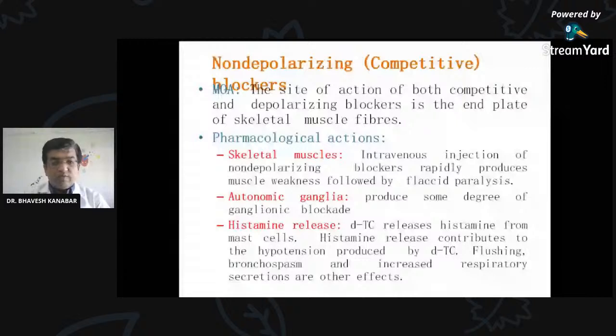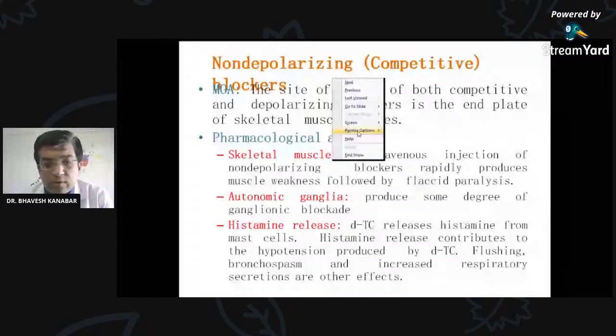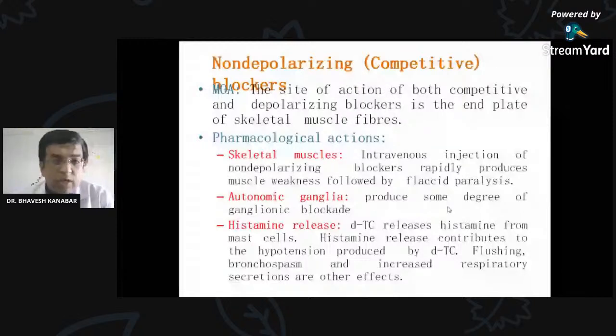Okay, we are now moving further. So first of all, we are talking about non-depolarizing or competitive blockers. You remember that there are three types in competitive blockers: long-acting, intermediate-acting, and short-acting. So first of all, mechanism of action.